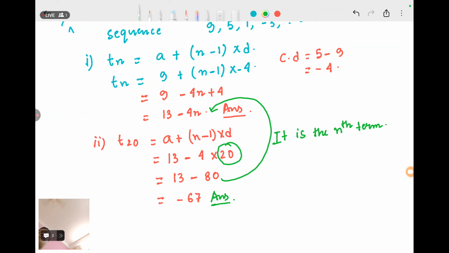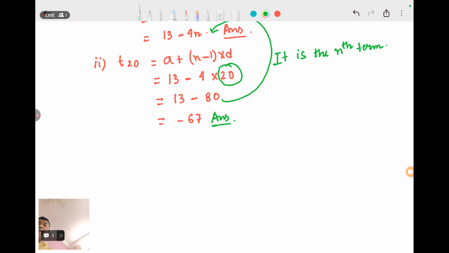Now we will do some advanced questions, like we will find the AP.